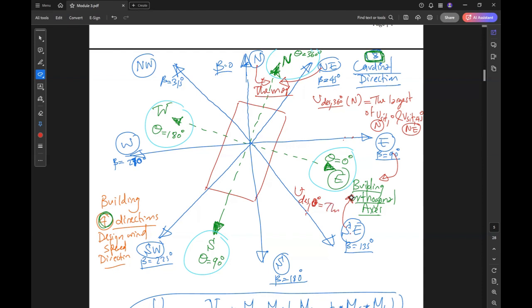So V design will be the largest of these two, beta 90 and beta 135. Okay, here for the orthogonal south, V design 90 equals the maximum of these two, beta of 180 and beta 235. Okay, do you understand it?